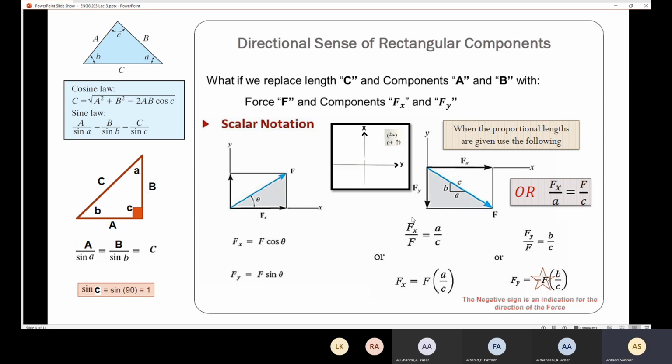Then, in order to know the value of Fx here, we're going to say that Fx is similar to A. This one is a horizontal line and this one is a horizontal line.